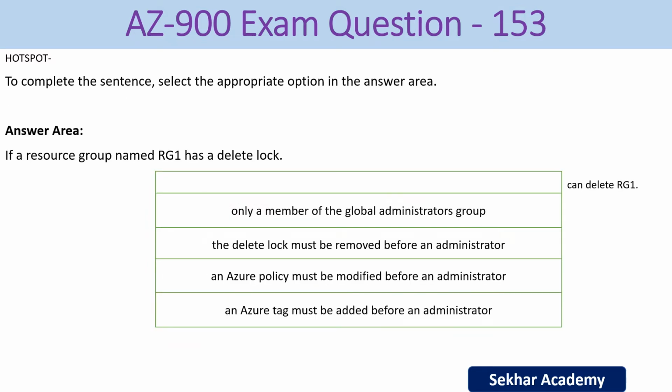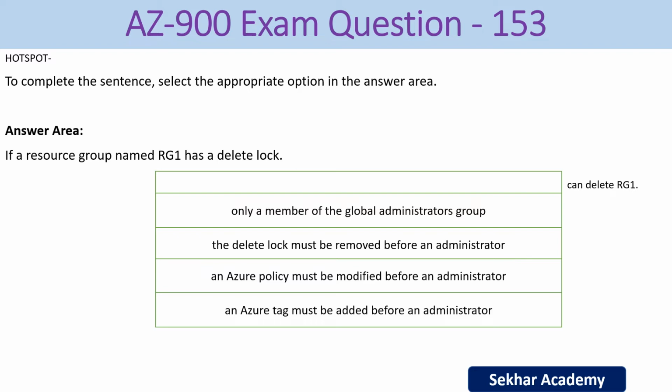AZ-900 exam question number 153. To complete the sentence, select the appropriate option in the answer area. In the answer area, we have the statement here: if a resource group named RG1 has a delete lock, what can happen? Can delete RG1. So in which case can you delete RG1? The options we have: only a member of the global administrators group, the delete lock must be removed before an administrator, an Azure policy must be modified before an administrator, an Azure tag must be added before an administrator, right?